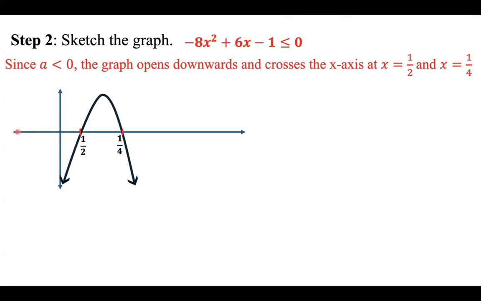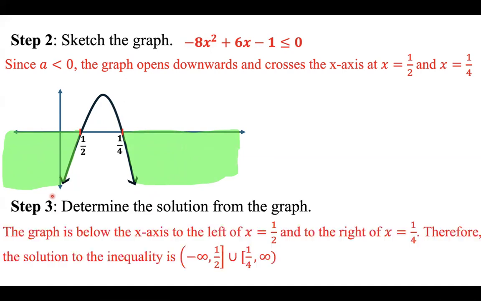So if I were to make a box right here, the graph would be below the x-axis to the left of that number and to the right of that number. Any x value that you pick up here would have a corresponding negative y value here, and the same thing here. If I pick an x value here, it will have a negative y value somewhere down here. And therefore, the area that we're looking at is this end, to the right of 1/4 and to the left of 1/2.